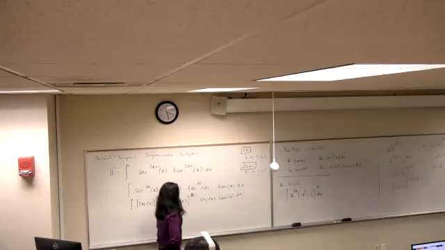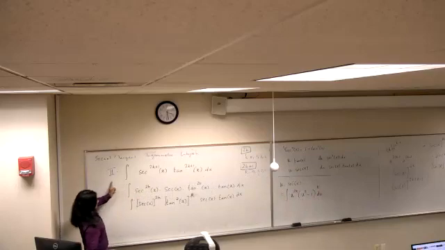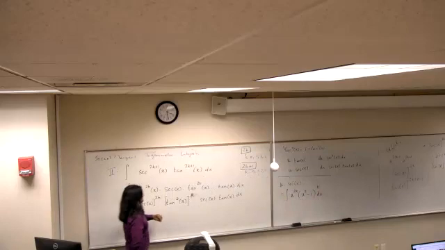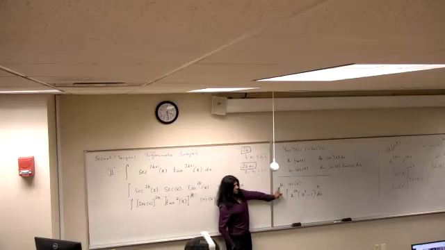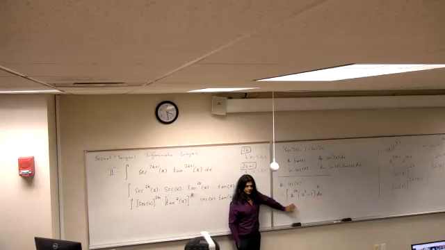So, if you have an odd power of secant, odd power of tangent, then the substitution will always be secant x. The integral would change to that, which would be easier to integrate. Agreed? Type 2.